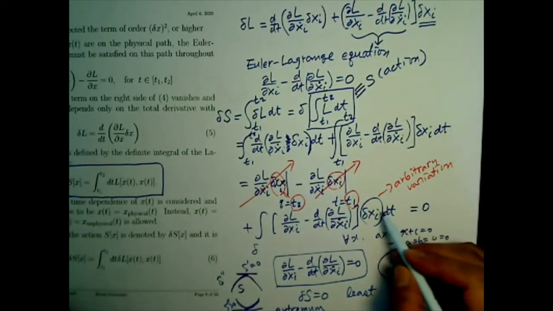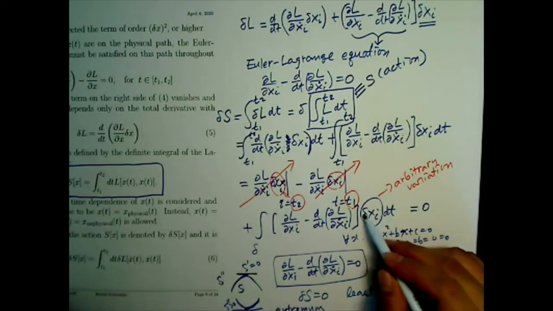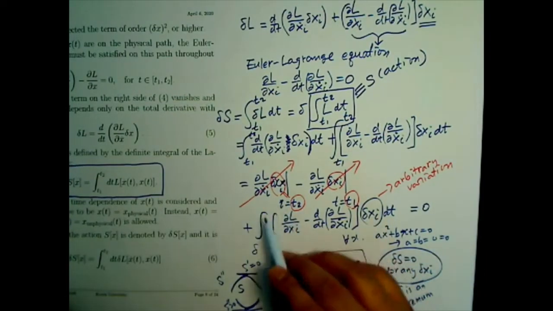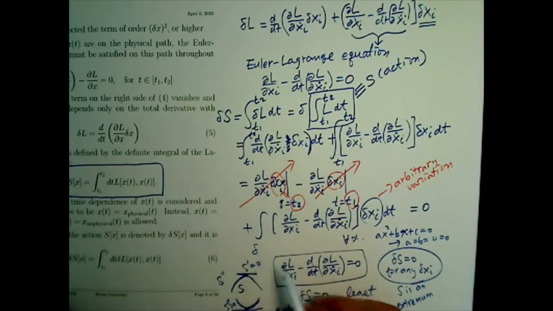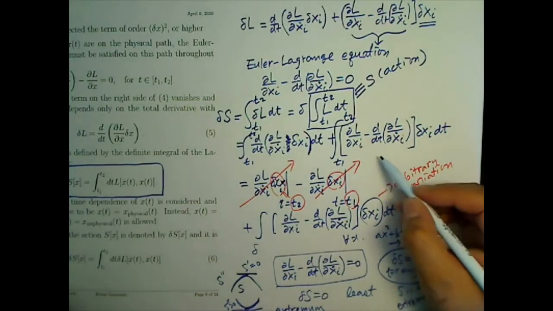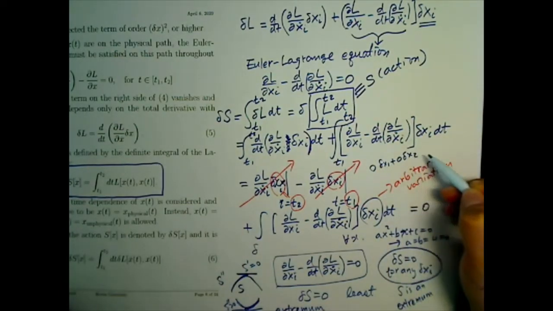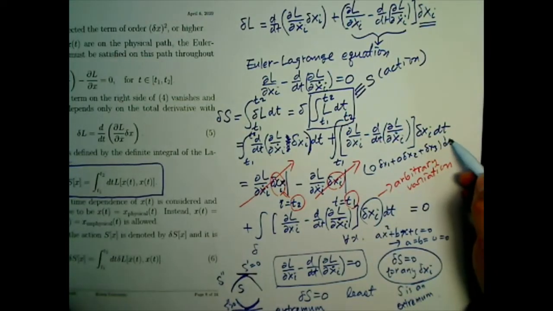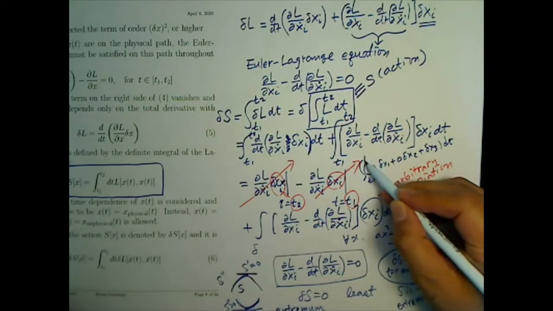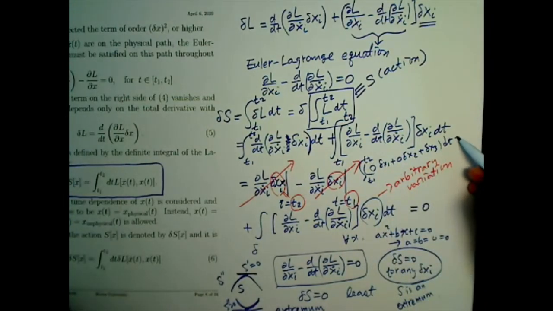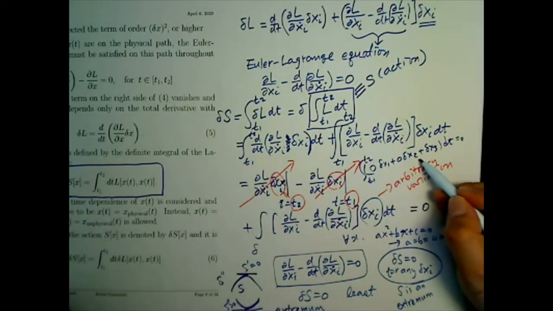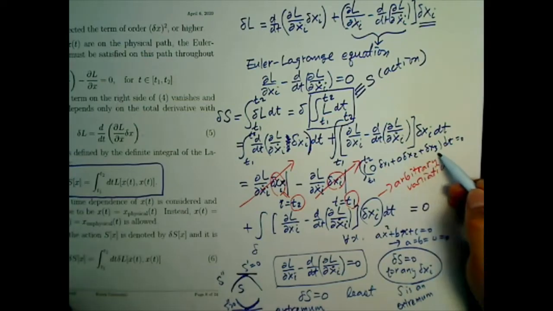So this is an arbitrary multiplication, integrated. Something times delta x1 plus something times delta x2 plus something times delta x3, dt. This integral from t1 to t2 is 0 for any delta x1, any delta x2, any delta x3.